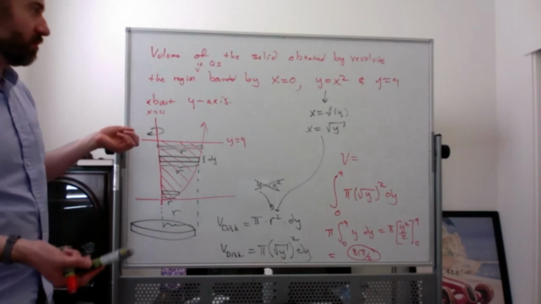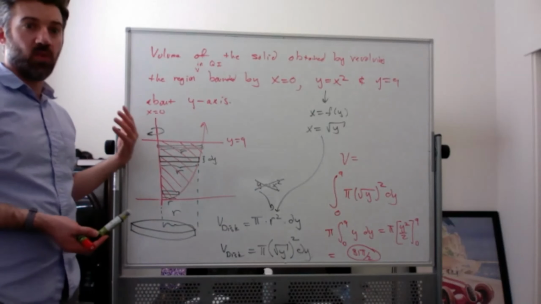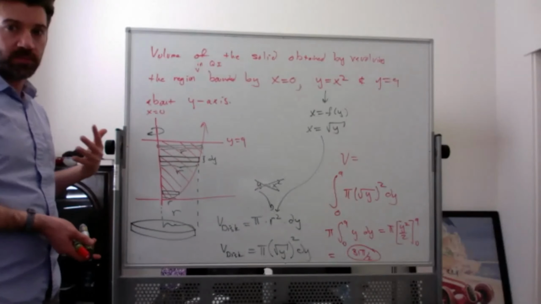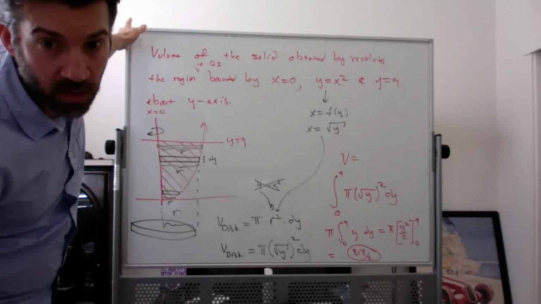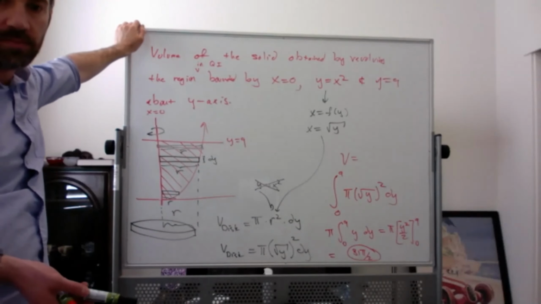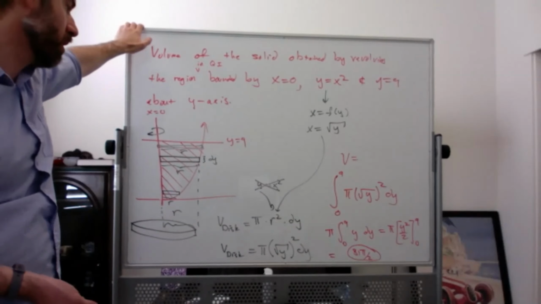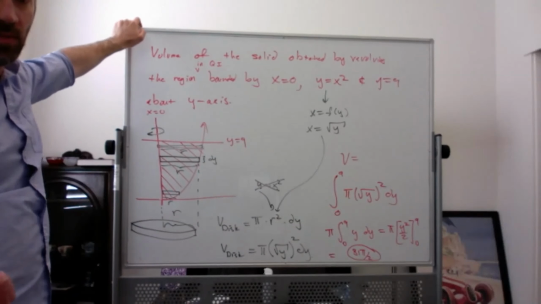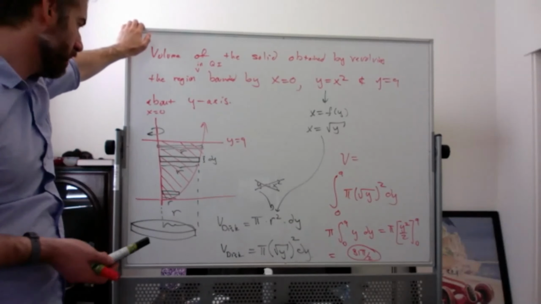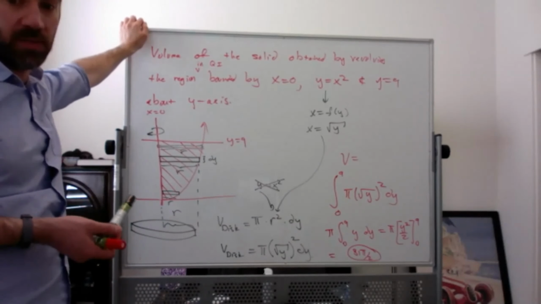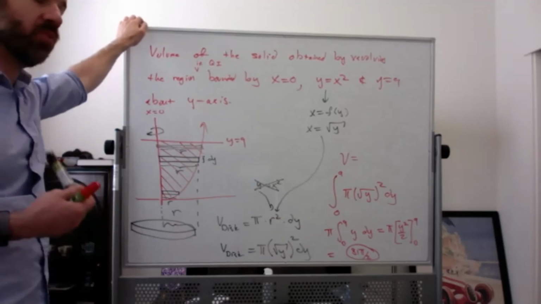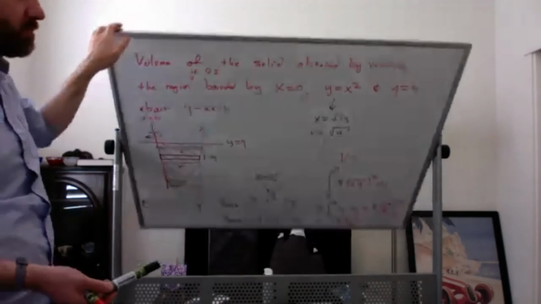Or I should say really meaning that the axis of rotation is one of the boundaries that is bounding your region. The answer is 81 pi over 2. Whereas the washer method, which we'll talk about next, is when your region is not going to be right up against your axis of rotation, or your axis of rotation will not be one of the boundaries.